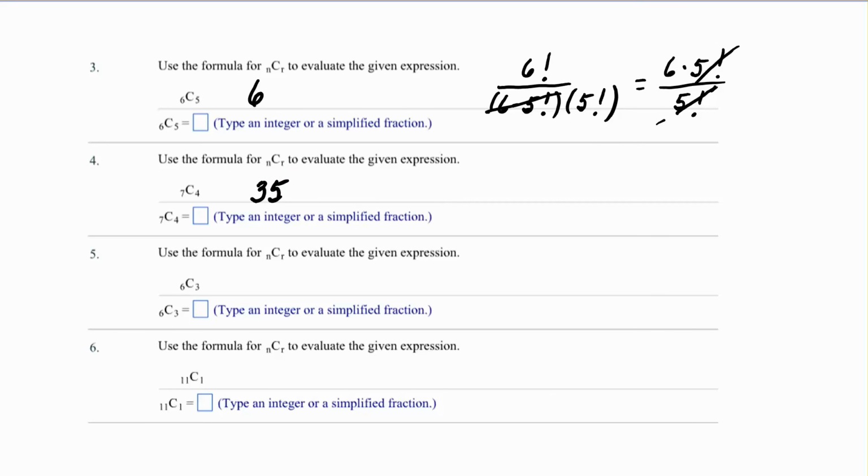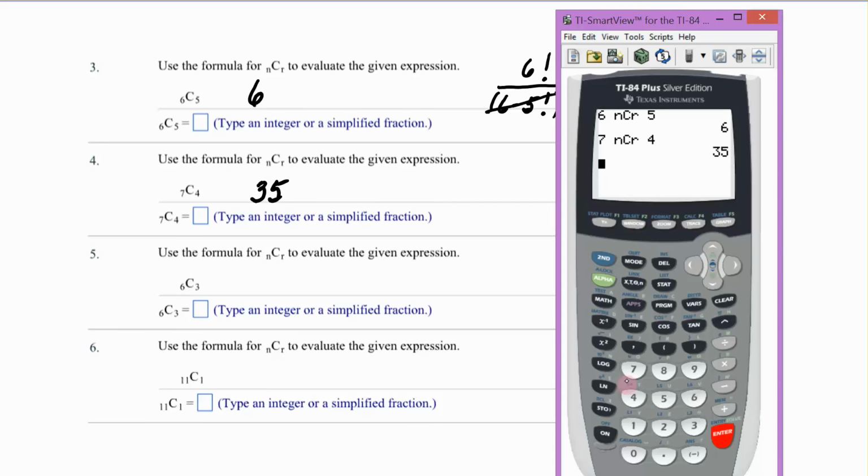And I do want to show you something. If I had done the same problem, 7, but I had done a permutation, which I was not supposed to do, but I just want to show you the difference. Look how much larger the permutation is, because when order matters, then there are more choices. All right, number 5. 6 taken 3 at a time. 6, math.